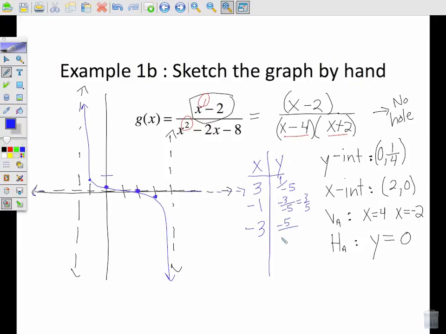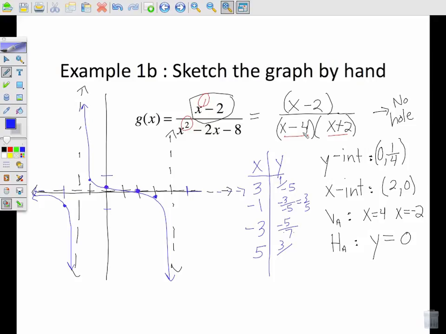If we put negative 3 in, we get negative 5 over negative 7 times negative 1. Again, we'd have negative 7 times negative 1, which is 7. So negative 5/7. I'm going to plot that: over negative 3 and down 5/7. So I know that my region is going to slowly approach the asymptotes, horizontal and vertical.